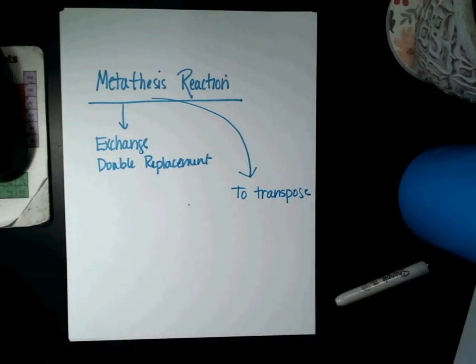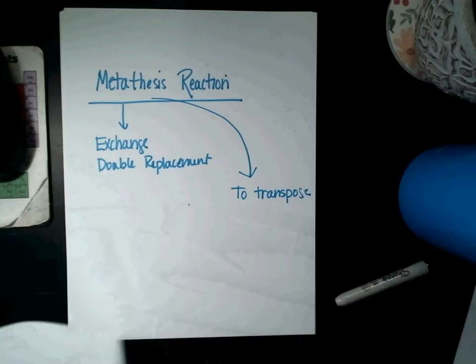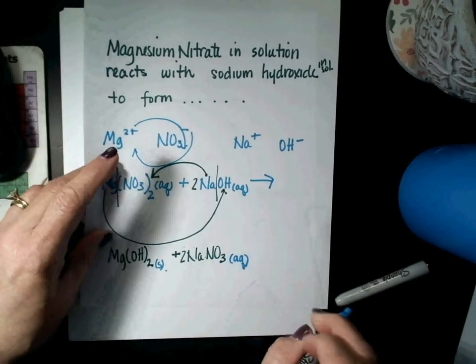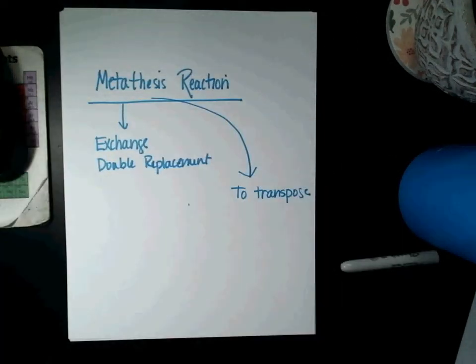To transpose. In that last reaction, these things were transposing, they're switching places. So that's why lots of times they're called metathesis reactions versus double replacement reactions.